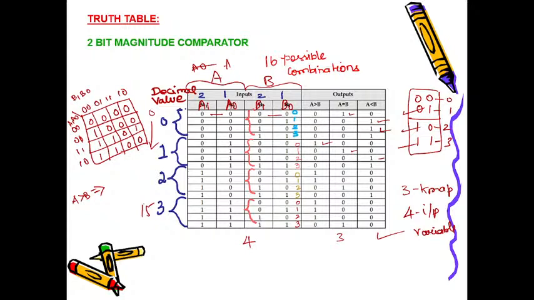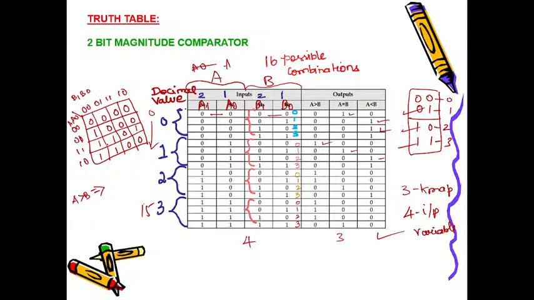Then 8, 9, 10, 11. Okay, correct. So you have a plot like this. If you map it continuously, it would be easier because you know the cell values are 0, 1, 2, 3, 4, 5, 6, 7, 8, 9, 10, 11, 12, 13, 14, 15. Because you know already, right? We have done it in unit 1.